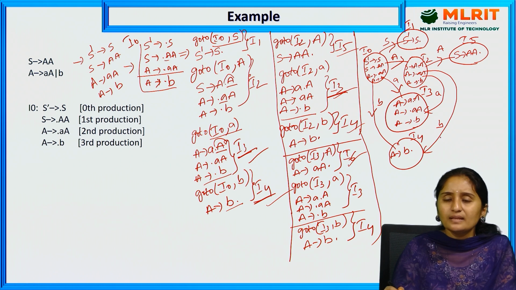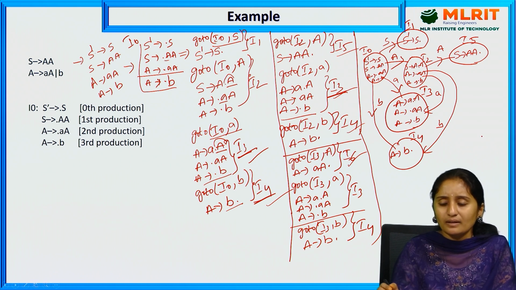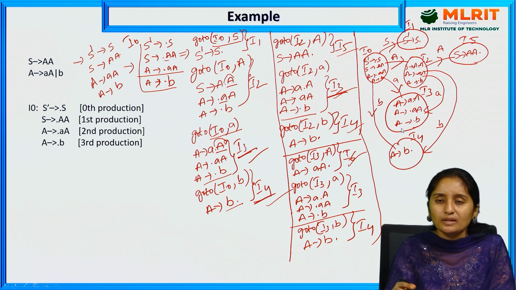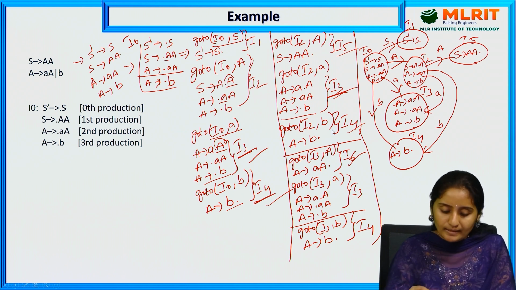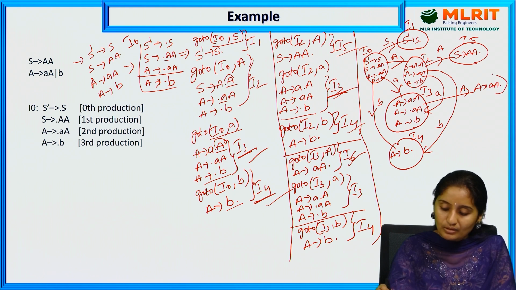Instead of writing the same states again and again, we are just plotting a connection, showing how data moves from one state to another. Next, I3 on capital A. Where is it moving? A tends to A dot.